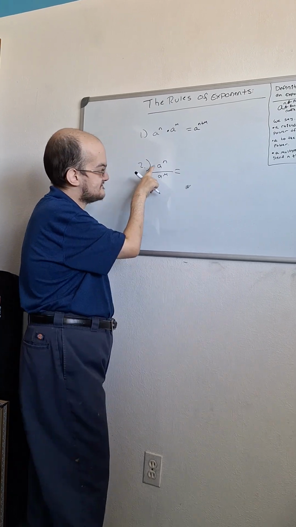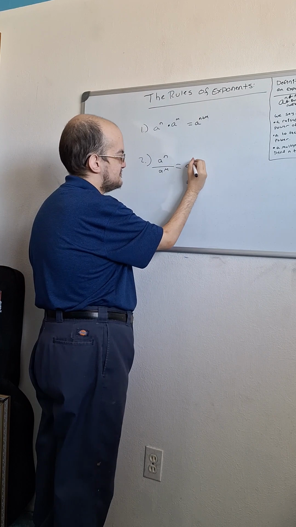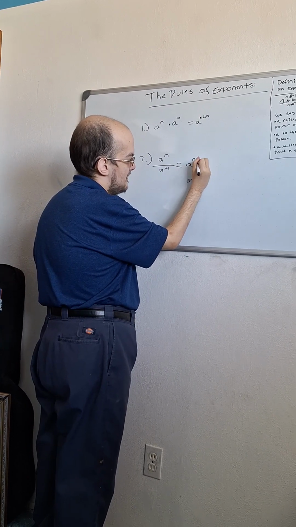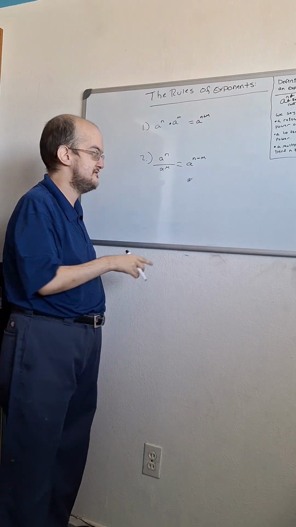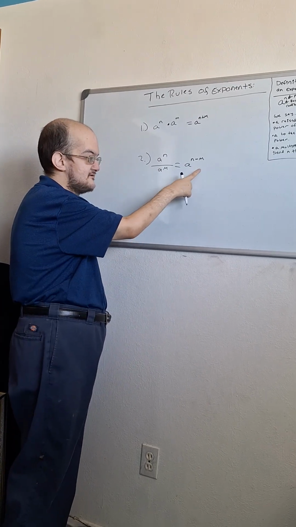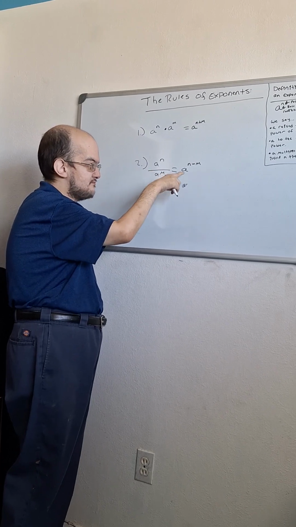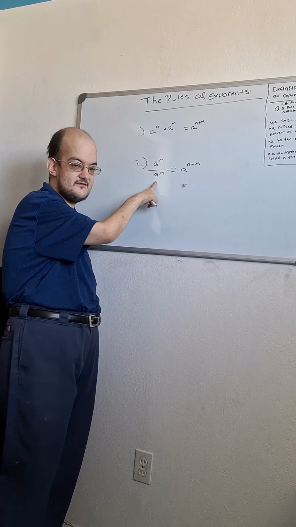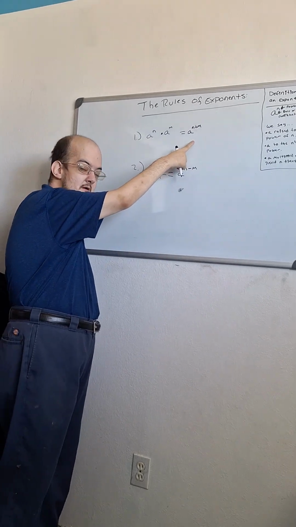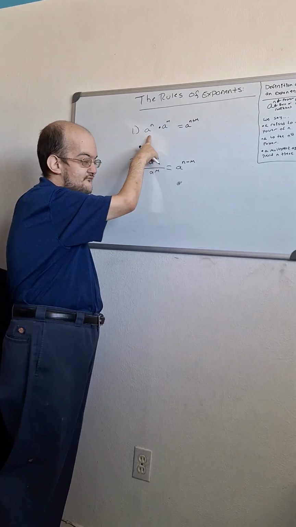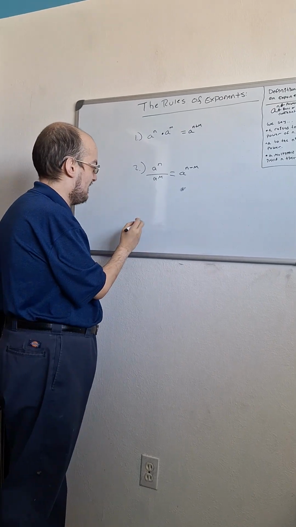So are the bases the same? Yes. So we're going to do a raised to the power n minus m. So now we are finding the difference. Alright, and finding the difference of any math problem is so much easier than finding the quotient of a math problem. Finding the sum of a math problem is so much easier than finding the product of a problem.